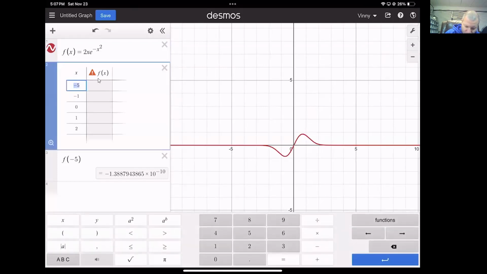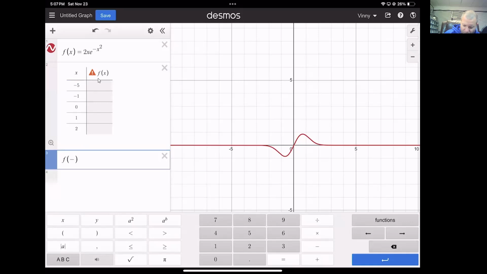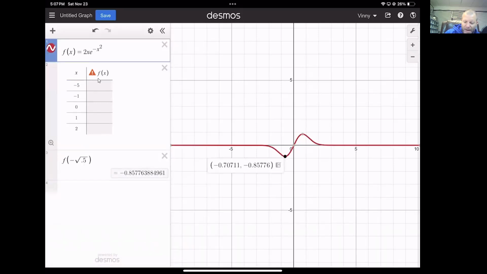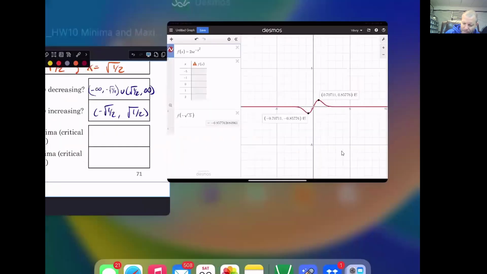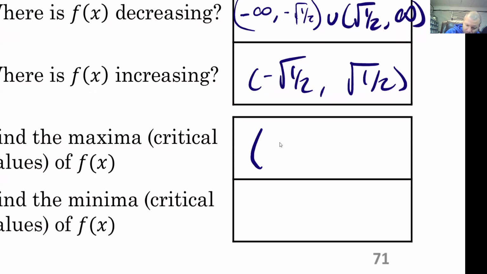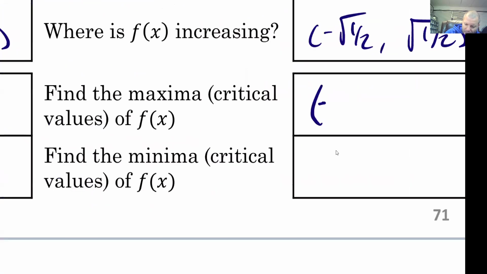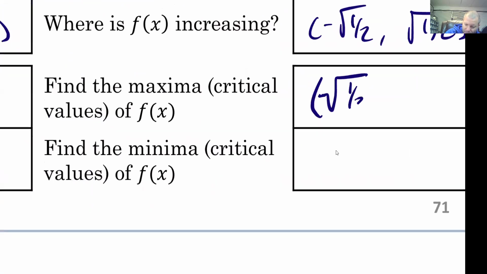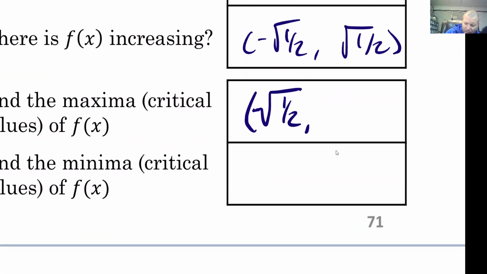But oh, I don't know. I'll just do this one. So negative square root of 0.5, so that value right there. Positive square root, so that value right there. So we would get something like this: positive square root of 1/2, roughly 0.858.